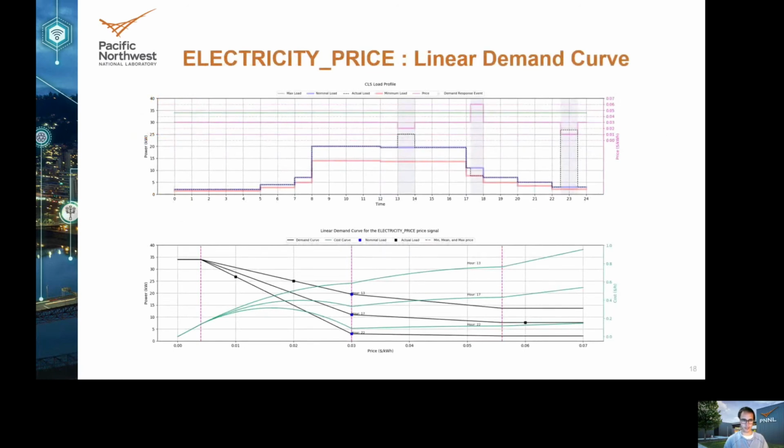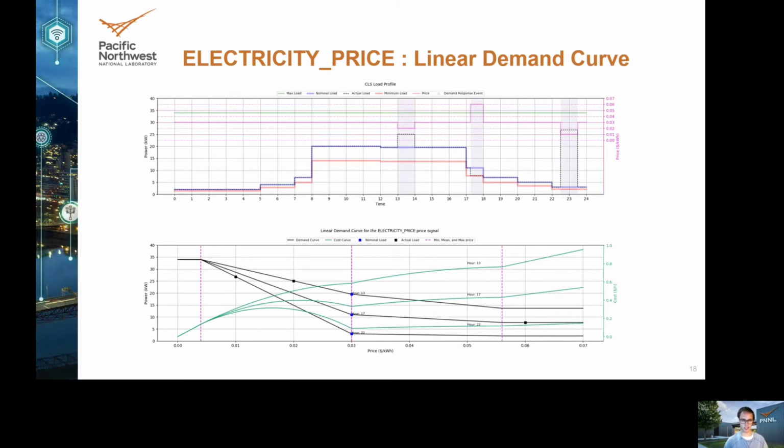So in the top plot, we can see our previously shown load profile with a few additions. The pink line shows the incoming signal as the price of electricity over time, with its value being shown on the secondary y-axis. And the dashed black line in this figure shows how the load will deviate from nominal in response to a changing price.